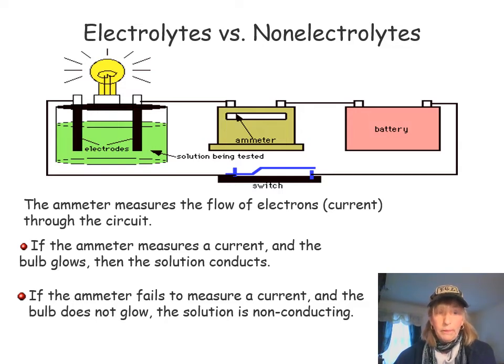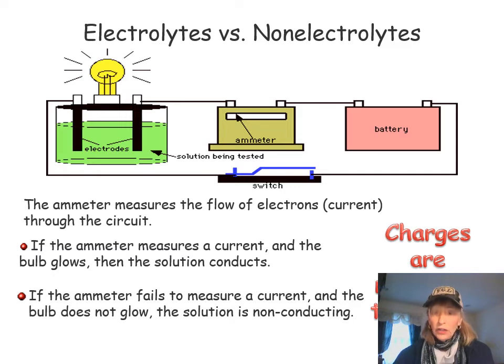All right. So what happens? Well, notice right now that arrow on the ammeter is not at 0, it is actually measuring a current. If the ammeter measures a current, what's happening here? Our diagram is showing that the bulb is lighting up. The bulb glows, and that means the solution is conducting electricity.